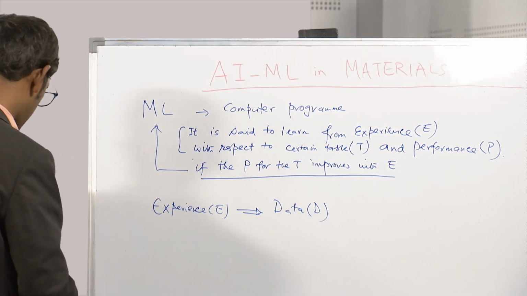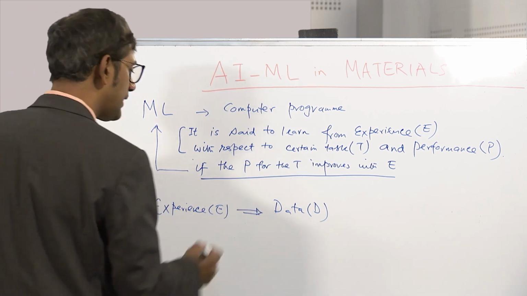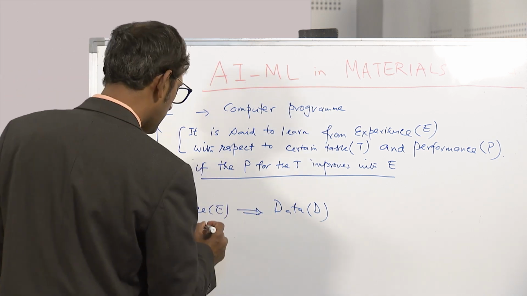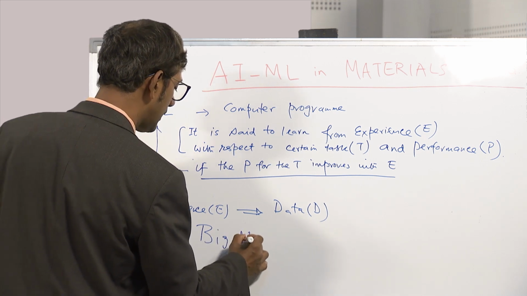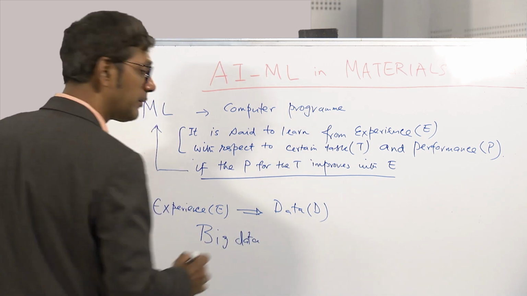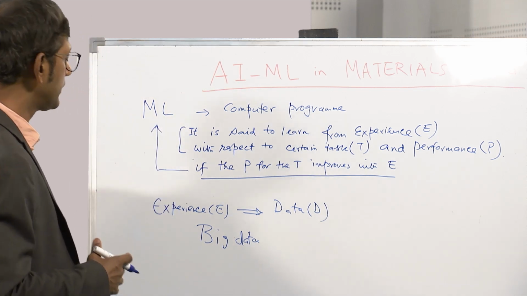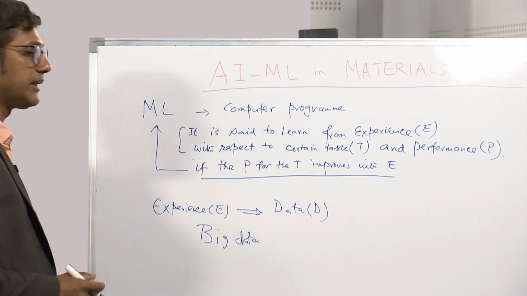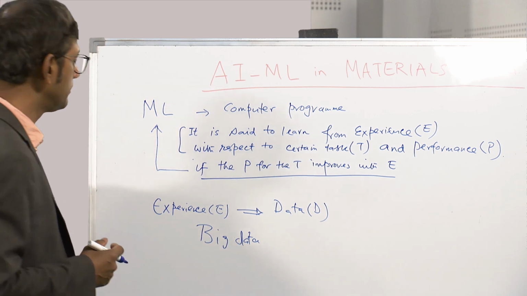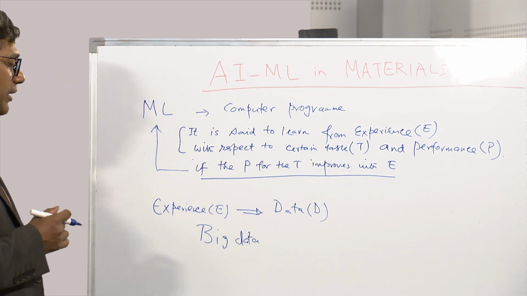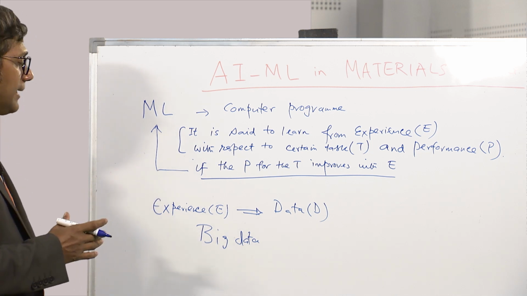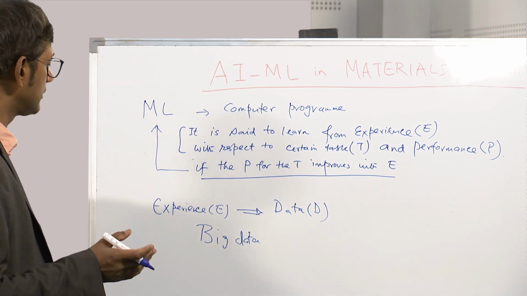Remember these aspects. Now, once it comes to data, all of us are living in the world of big data, right? Big data means a lot of data, and this is what is used by all these big computer companies, Amazon, everything, to sell products. They collect the data, and based on the data they design a product and sell that.